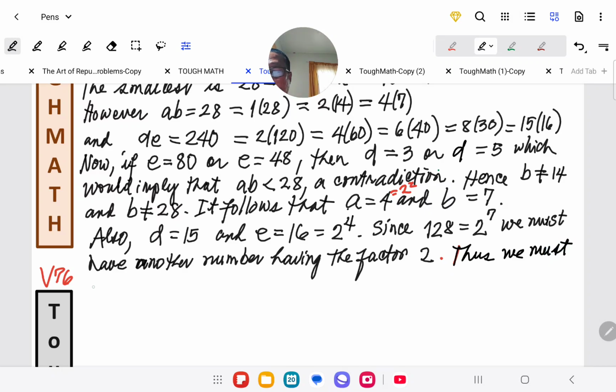Thus, we must have C, which must be equal to 8, which is equal to 2 cubed.